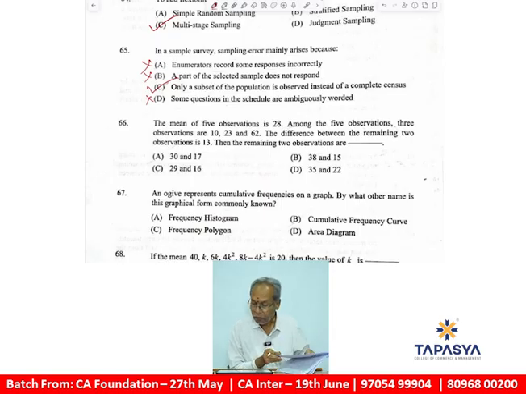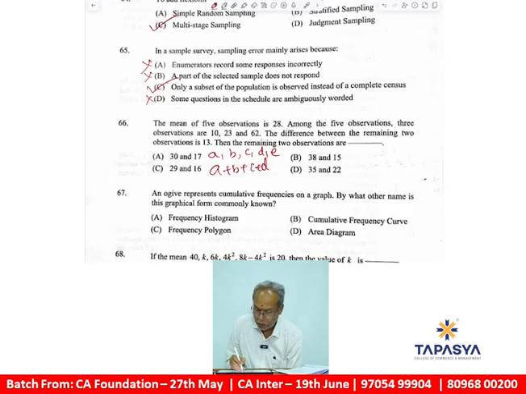Then the difference between the 2 remaining observations is 13. What are the remaining 2 observations? So let the 5 observations be A, B, C, D, E. So the mean, A plus B plus C plus D plus E divided by 5, is equal to 28.